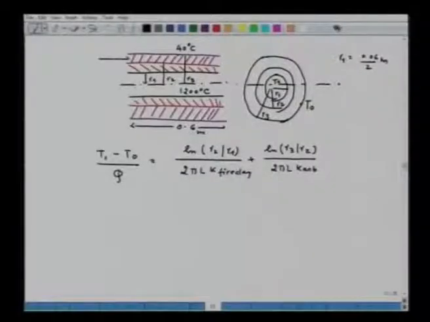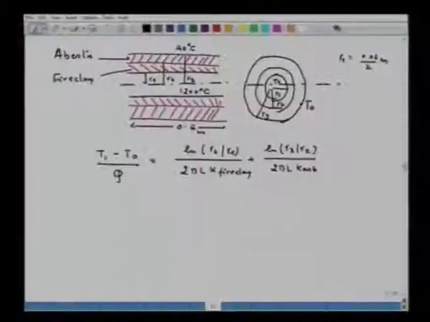This one is asbestos magnesia and this one is fire clay. So when this asbestos magnesia can sustain a maximum temperature, that means the interface temperature between asbestos magnesia and fire clay is 850 degrees Celsius.